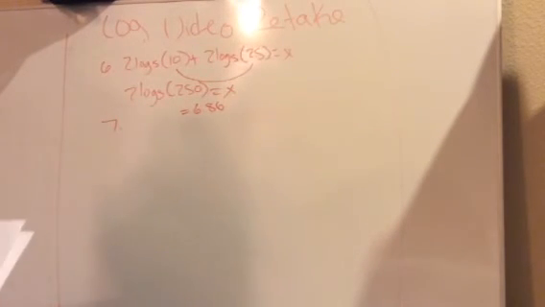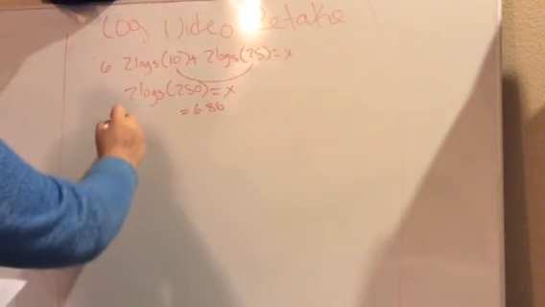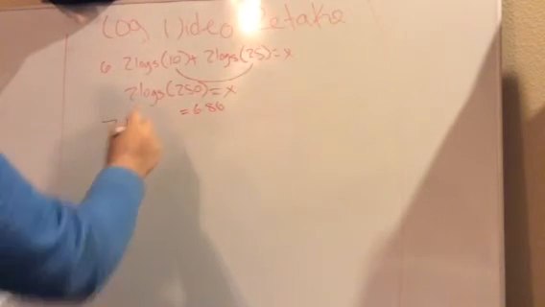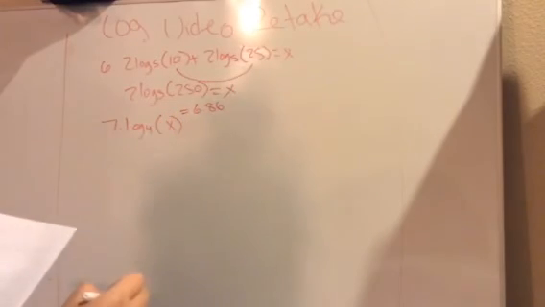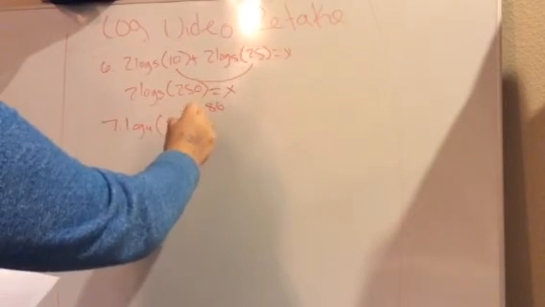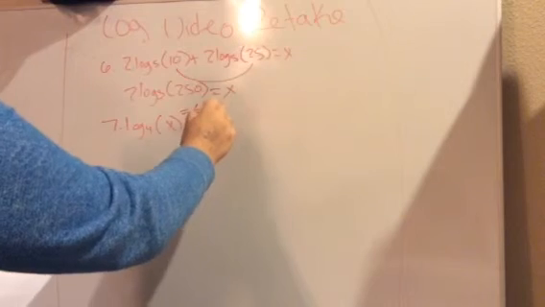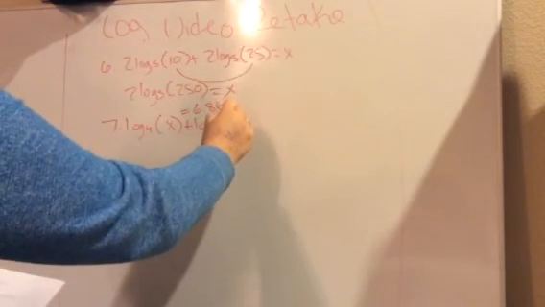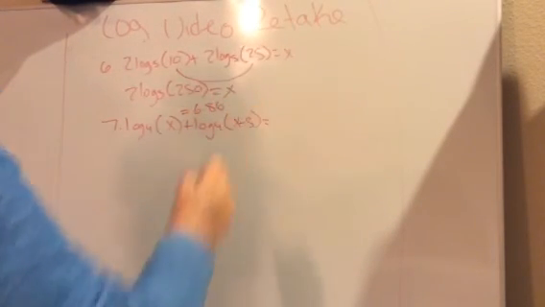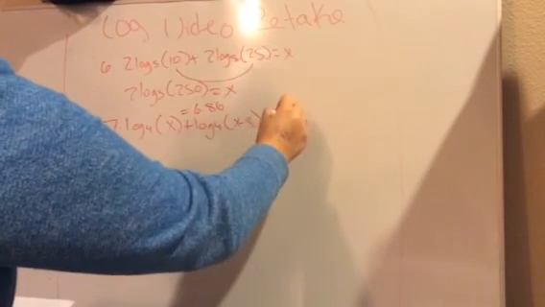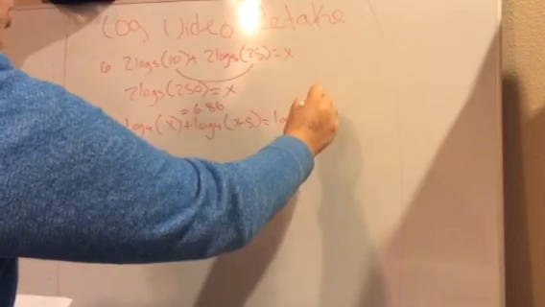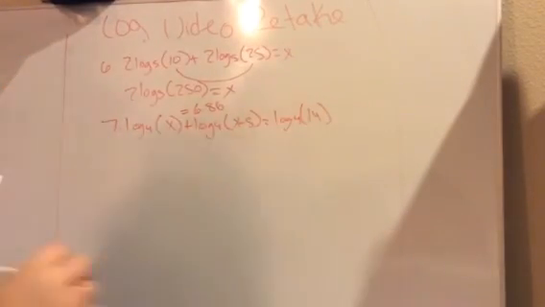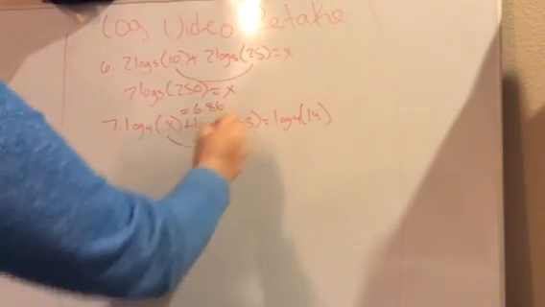Number 7, log base 4 of x plus log 4 of x minus 5 equals log 4 of 14. So for this one, do the same thing.